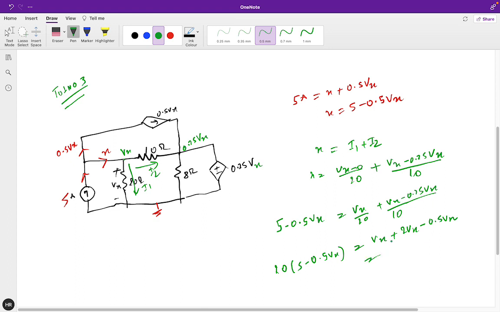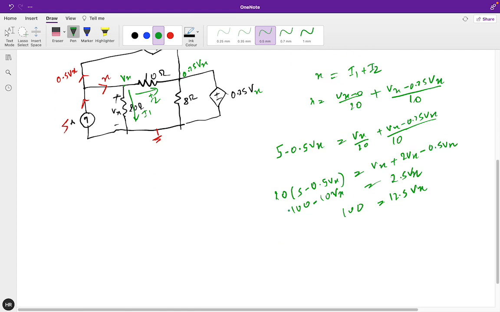So what do we get? 3 vx minus 0.5, how much will we get? 2.5. So 2.5 v of x. And on the other side, 20 into 5 is 100 minus 20 into 0.5 v of x, which is 10 v of x. So 100 equals 12.5 v of x.